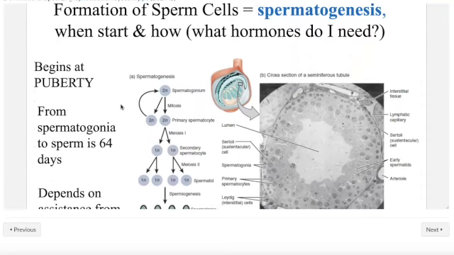So here's how sperm is formed. When sperm is formed, it's called spermatogenesis. Of course, you're going to need testosterone, or androgens, for sperm to develop.